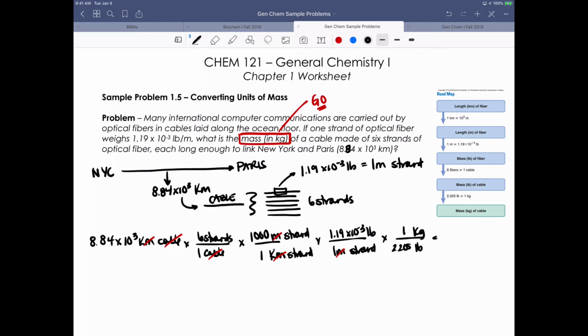It's very easy to fully understand what you do, but then enter it wrong into your calculator. In terms of order of operations, your calculator could give you a wrong answer. We'll highlight that in another problem. But go through and do this math and you end up with an answer of 2.86 times 10 to the fourth kilograms per cable.